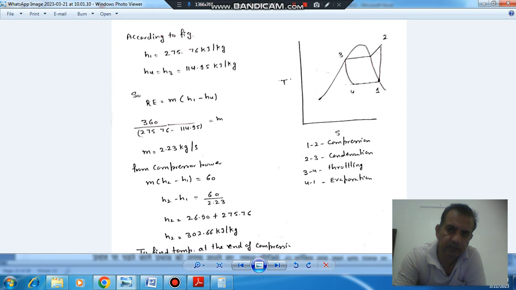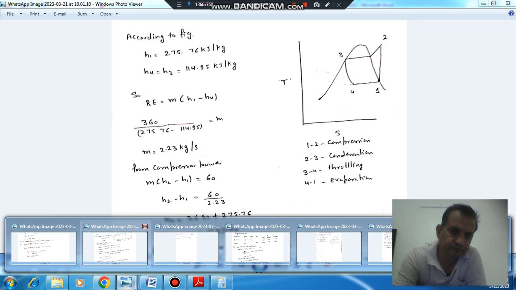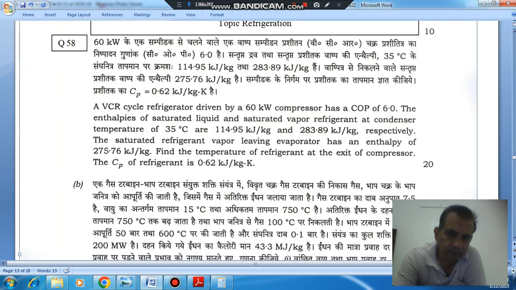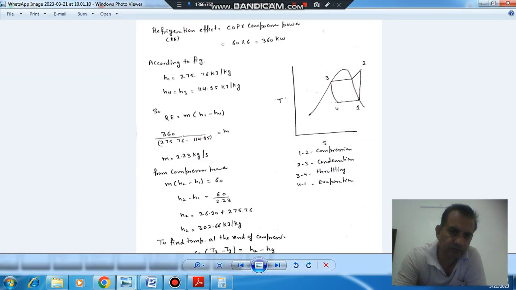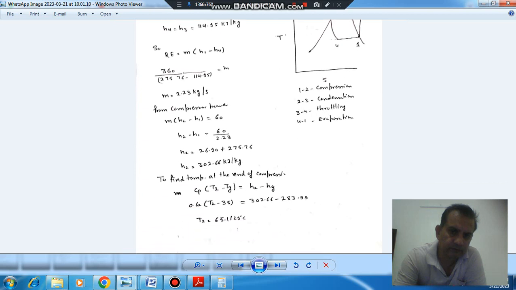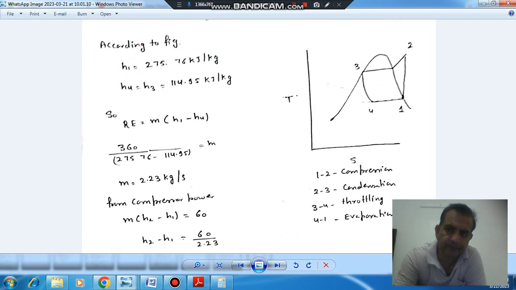Now this is the point g, and at this point the enthalpy of the gas is given, that is 283.89 kilojoules per kilogram, and the temperature at this point is 35 degrees Celsius.